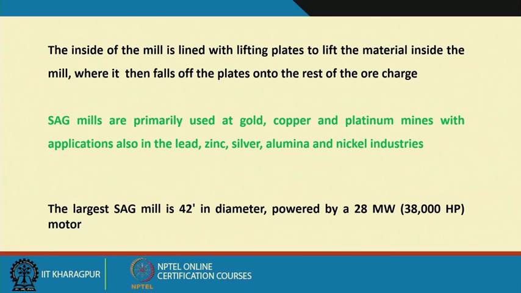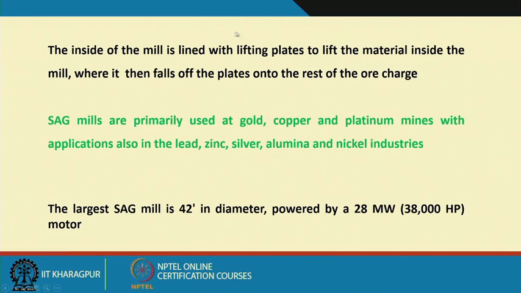Otherwise, they may slide back, because if I do not have a lifter, and the entire mass, because it is a higher capacity mill, is a large quantity of feed material, water and balls, then when the entire charge is being lifted there may be some falling back of part of this charge.